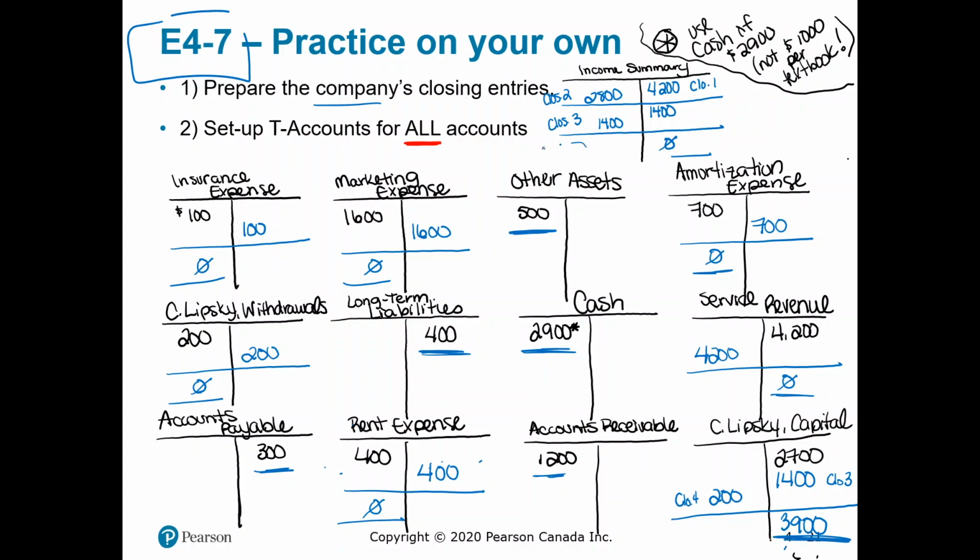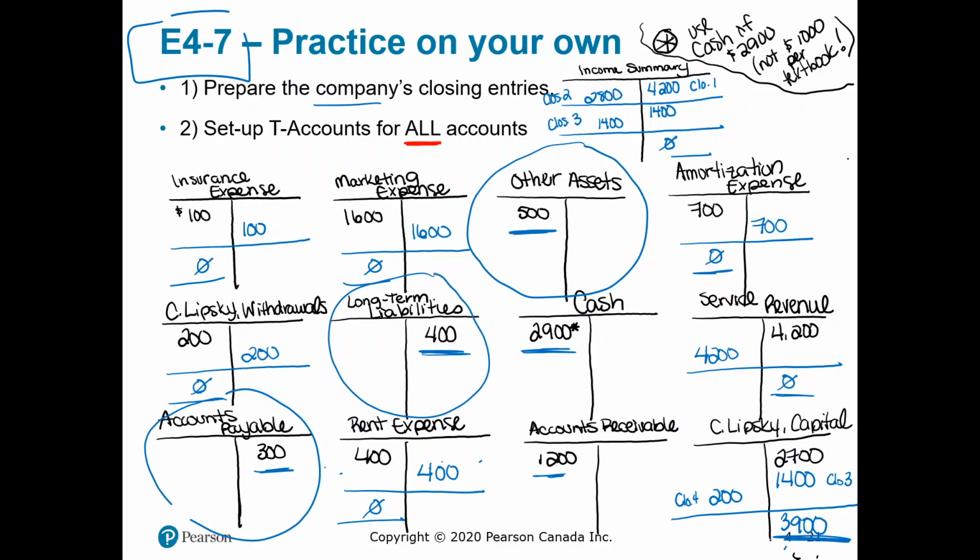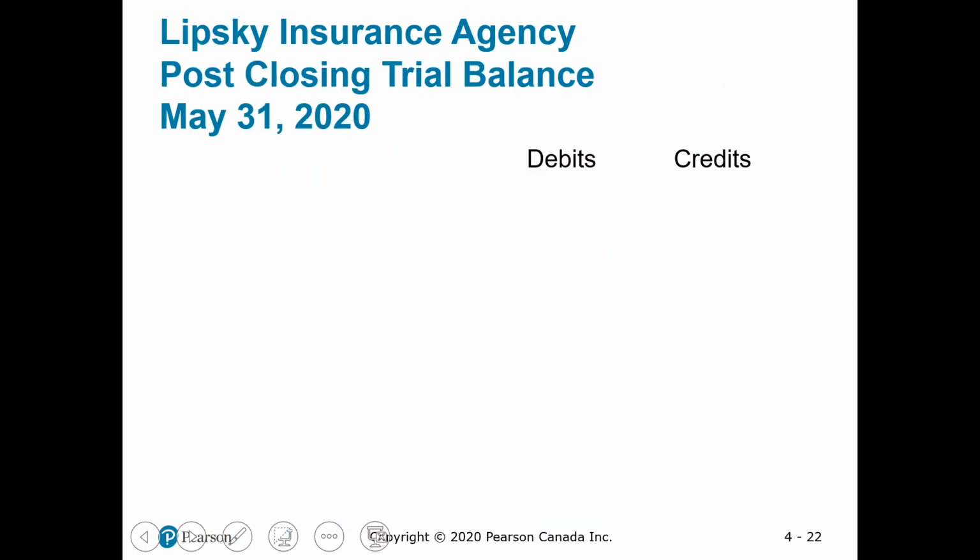So the only ones that we have left are our balance sheet accounts, our assets, liabilities, and this capital account. That does tell us that we've closed all of our accounts, because we should only have balances in these permanent accounts. So we're just going to carry these over and we will create the post-closing trial balance.